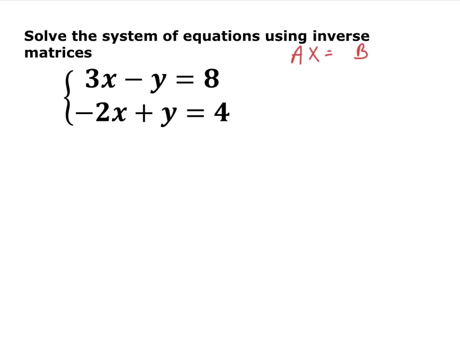We're going to use inverses and matrix algebra to solve systems of equations. Think about this equation here, and I asked you to solve for x, what would you do?